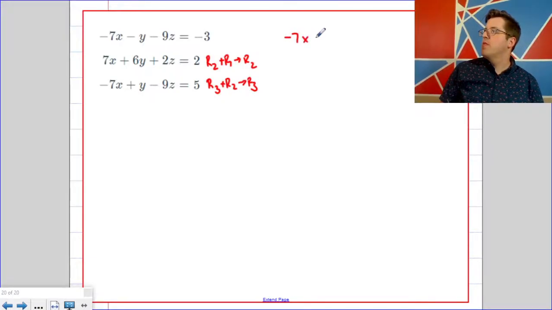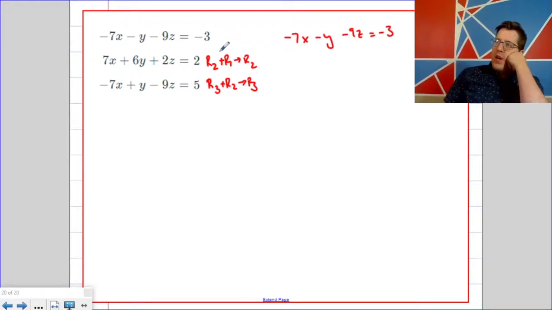So whenever I'm doing this, I'm just going to rewrite any row that I'm not working with. And then I just think of this as add those together, they cancel out. Add those together, we get 5y. Add those together, we get negative 7z.